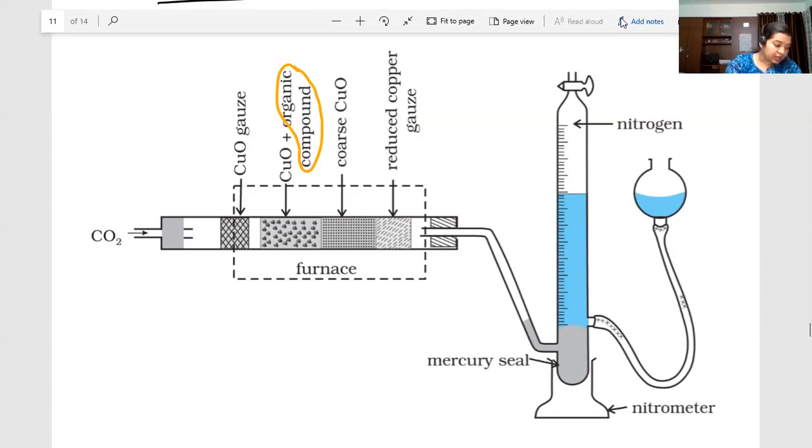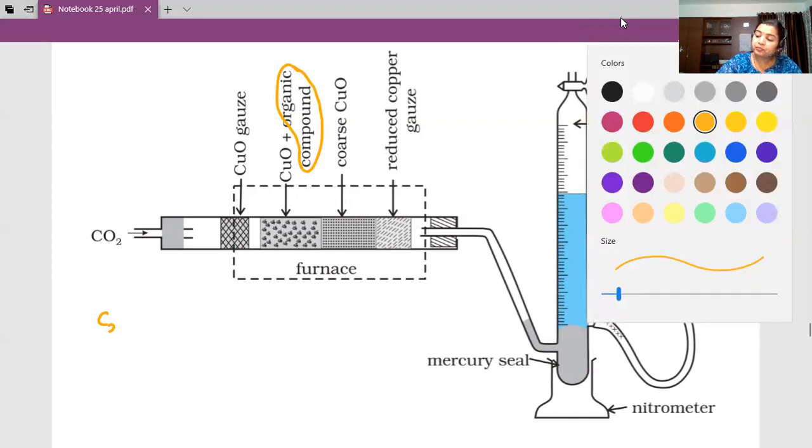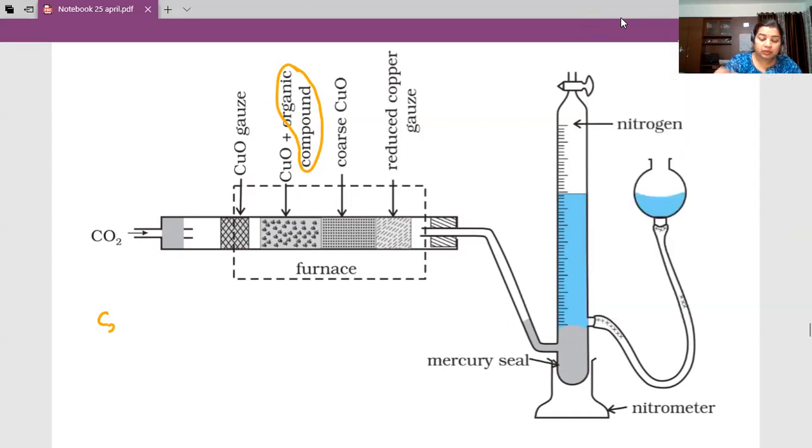Let me write the reaction which is taking place in this particular furnace. What reaction is going on? So we had CxHyNz. When we are passing it over CuO, CuO solid, CuO gauze. Gauze is nothing but just a type of net. We have a net of CuO.